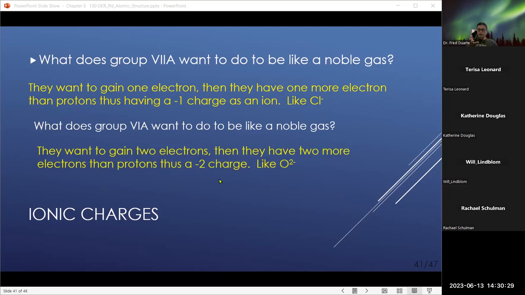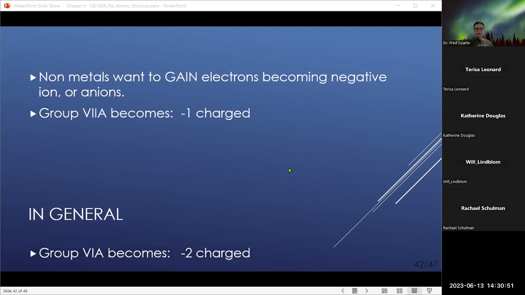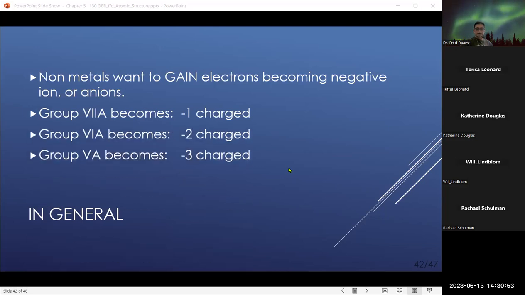Group 6A, Roman numeral 6, I'm only 2 away from getting to 8. So oxygen goes to oxide with a -2. Group 7A, -1 charge as explained; group 6A, -2; group 5A, the nonmetals will pick up 3 electrons and end up with a -3 charge, okay?